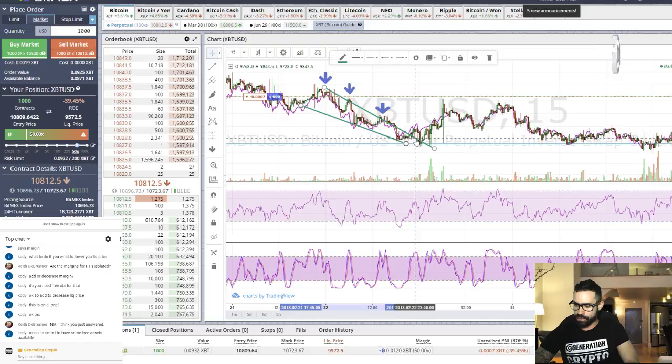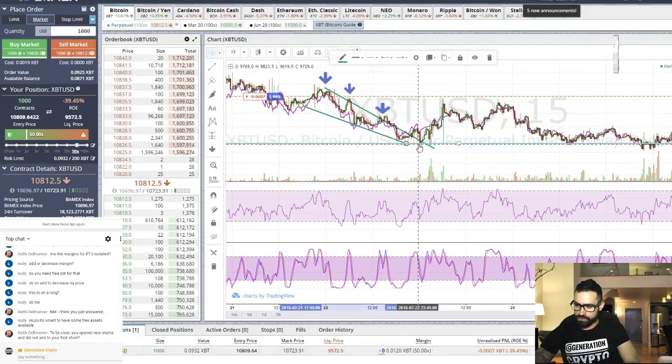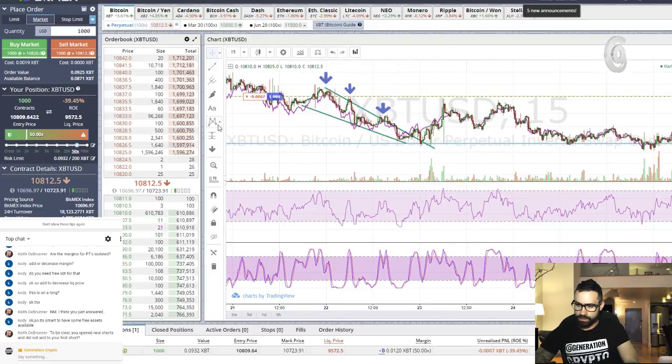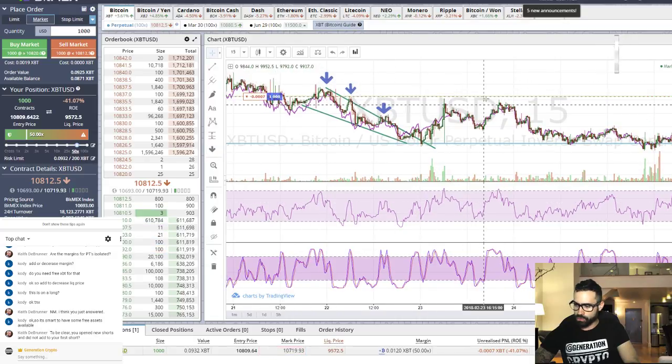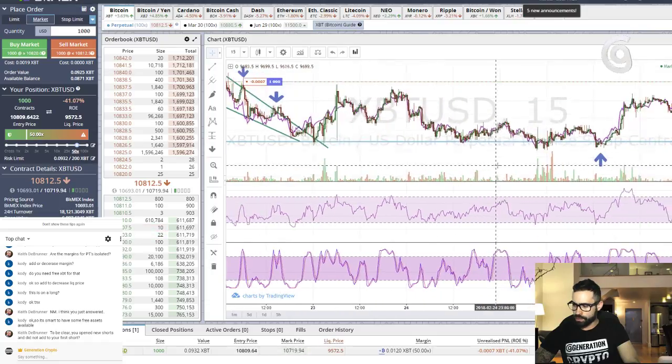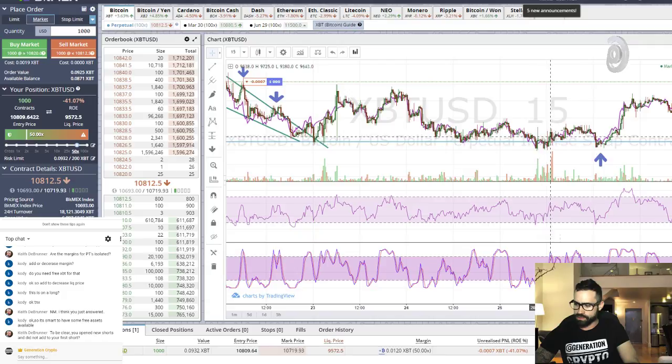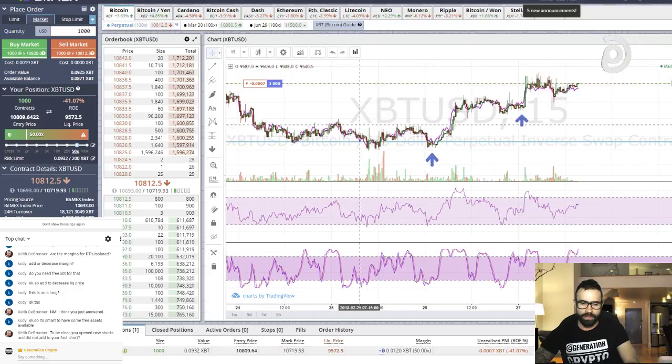As soon as we broke out of that falling wedge, which is a bullish reversal, I knew there was going to be a retest. I closed the first short here, opened a long, and shorted back again up here. So I rode this short, long, and then another short all the way down to my target. I got out at my target, waited for the first retest, second retest, and rode it back up.